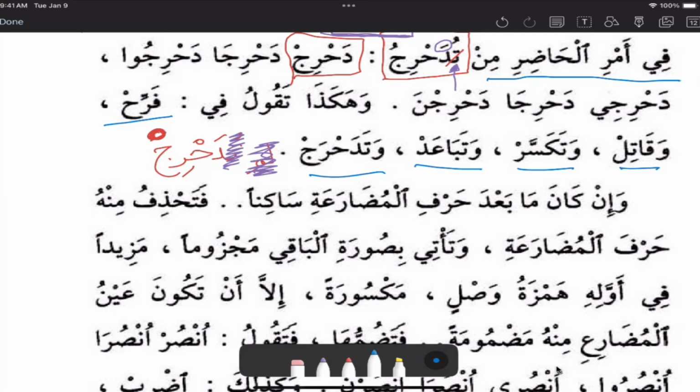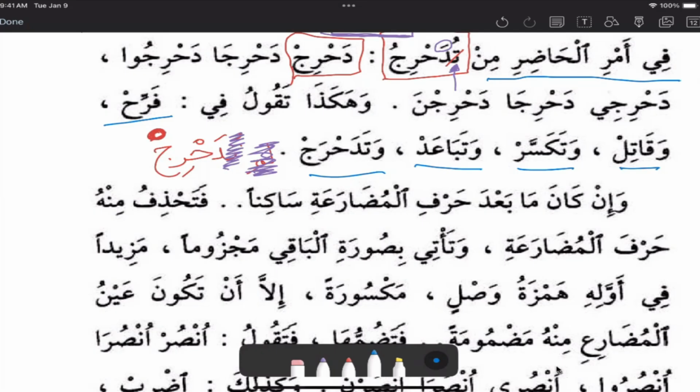And one qati' wajtami' wastakhrij. In qati', you're going to summon a kasra because the middle letter does not have a dhamma. Ijtami', you're going to summon a kasra because the middle letter does not have a dhamma. Istakhrij, you're going to summon a kasra because the middle letter does not have a dhamma.